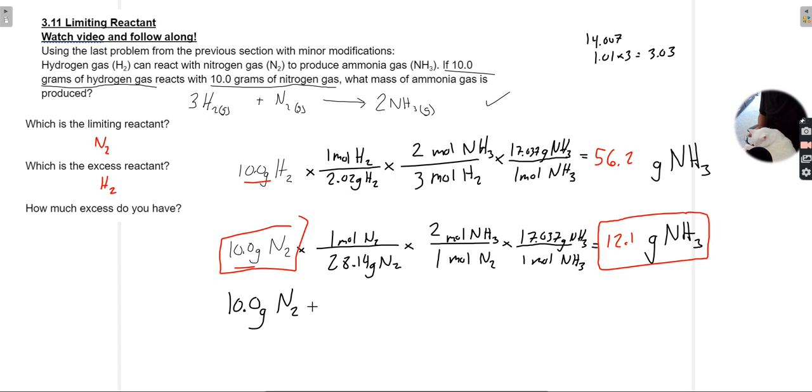We start off with 10 grams of nitrogen, and then we do the exact same thing. So 1 mole of N2, except instead of trying to go to nitrogen, what are we trying to find now? If we want to find out how much excess we have, we're trying to find out how much hydrogen we have. Oh, sorry, Pika.